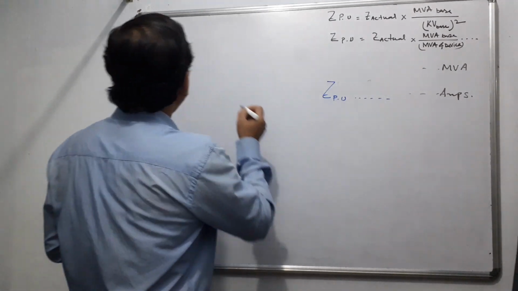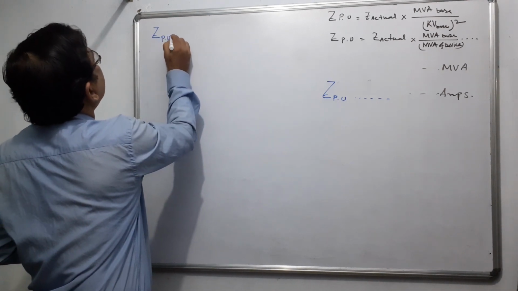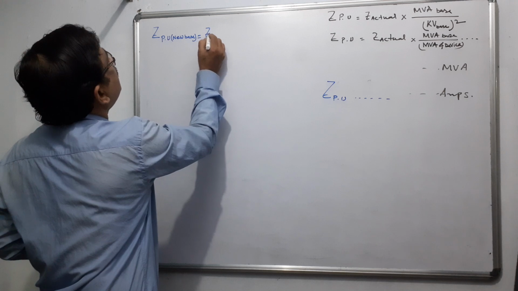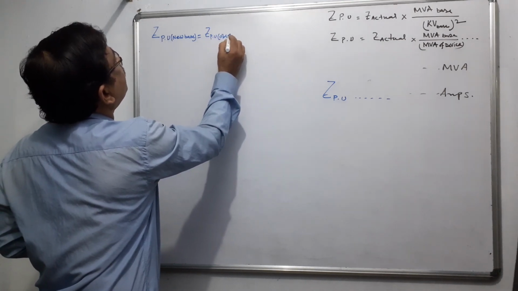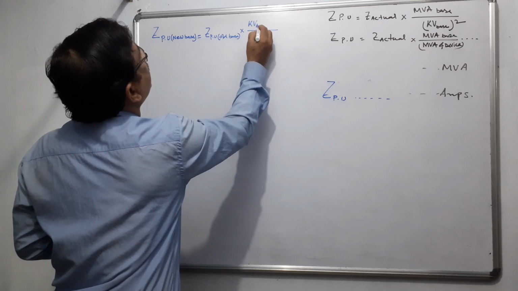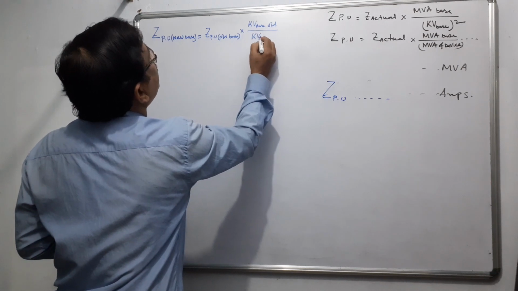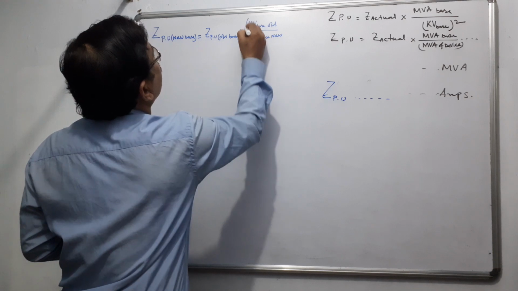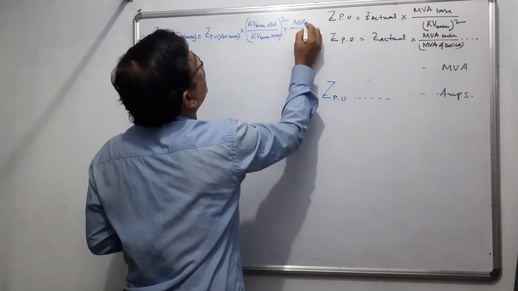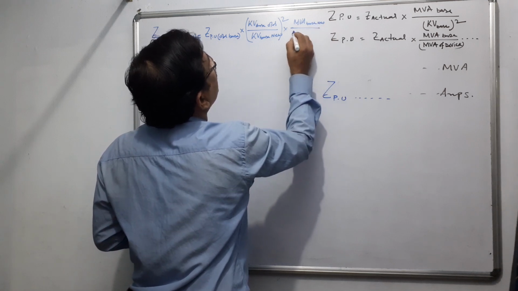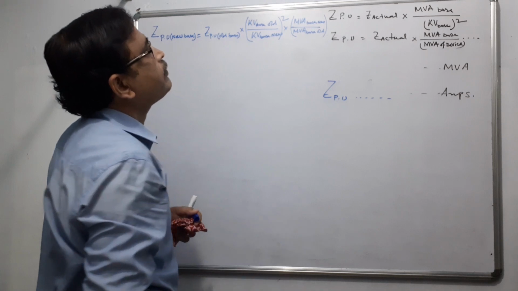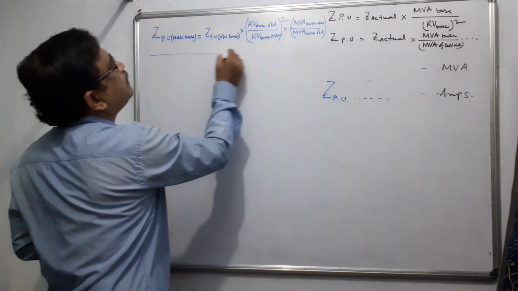So Z per unit at new base equals Z per unit at old base multiplied by kV base old divided by kV base new, whole square, multiplied by MVA base new divided by MVA base old. Okay, we will also use this formula.